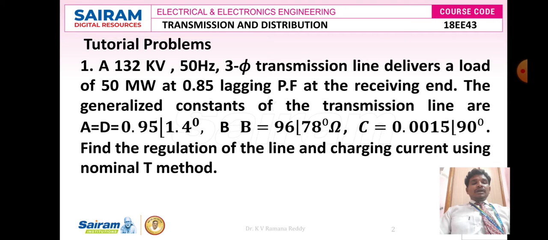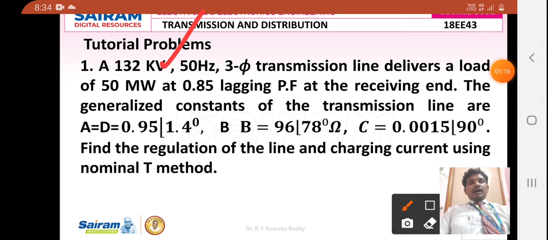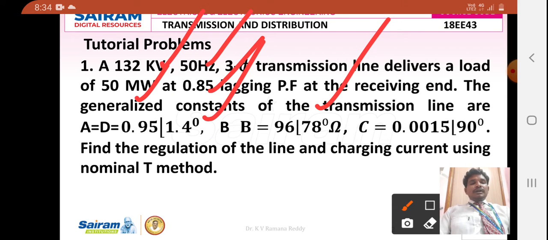So this is the problem they have given us. It is a 3-phase transmission line network, and the line voltage is 132 kilovolts, the supply frequency is 50 hertz, the receiving end power is 50 megawatts, and the receiving end power factor is 0.85. The constants are A and D equal to 0.95 at an angle of 1.4 degrees, B equal to 96 at an angle of 78 degrees ohms, and C equal to 0.0015 at an angle of 90 degrees.